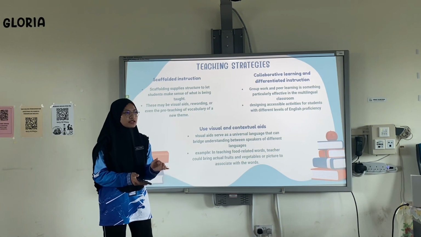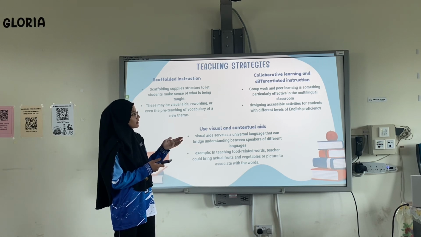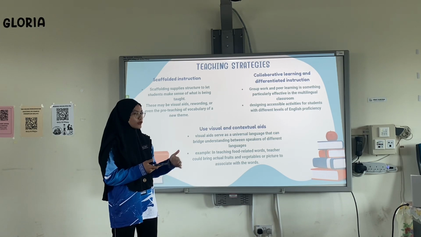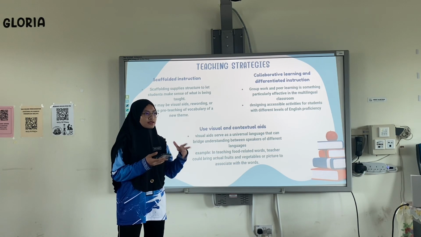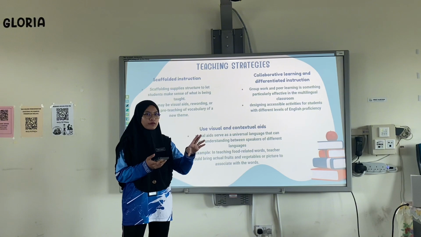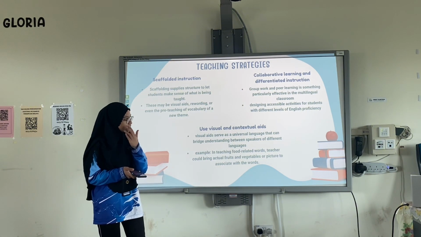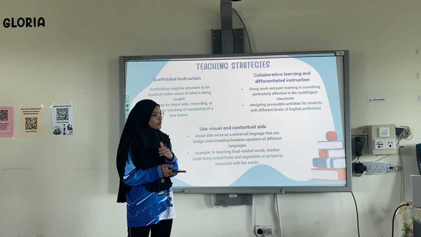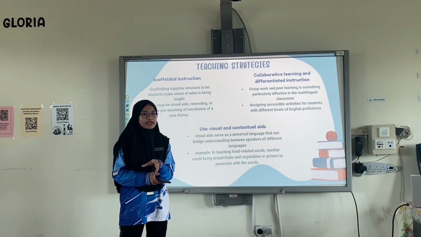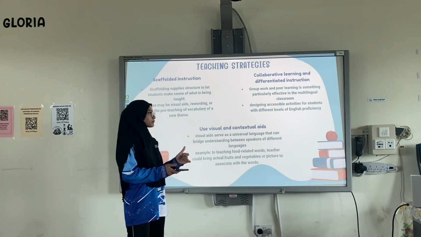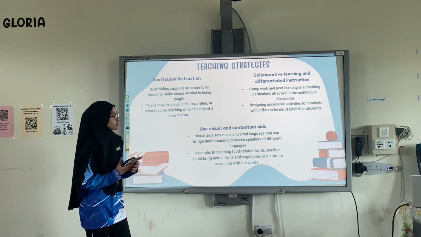So in that case teachers can use differentiated instruction, such as for the fluent English student, teachers can ask them to read one paragraph of a story, and for the student who is not really fluent, teachers can ask them to just read one sentence. So that's how teachers can apply differentiated instruction.